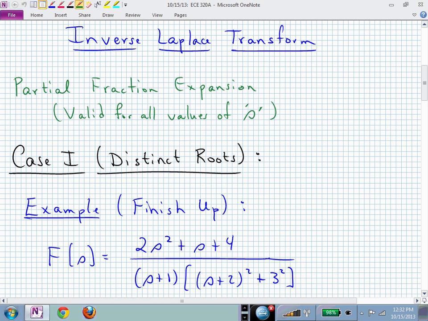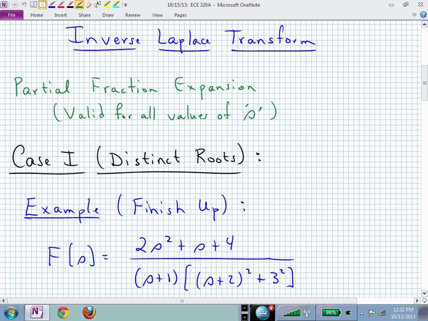Last time I believe we started with this particular transfer function. And before you start performing partial fraction expansion, what's the first test you need to make on your ratio of polynomials? Before you jump in and get too excited or too involved, what do you need to make sure is true?